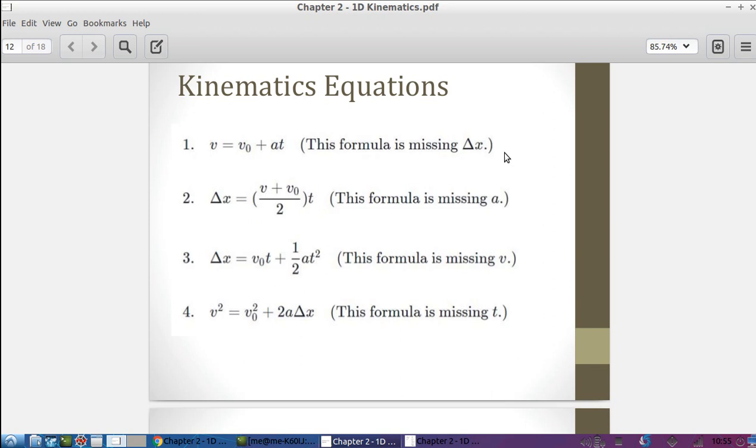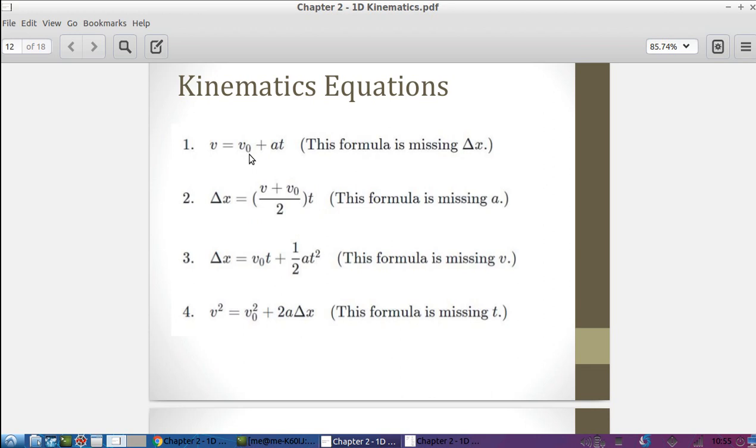So the first equation is missing displacement, delta x. In your textbook and in a lot of my examples, I'm going to call V final V sub f, and V naught, V sub 0, I'm going to call V initial, so it looks like V sub i.